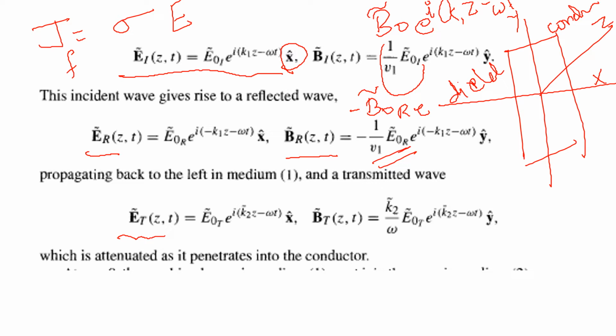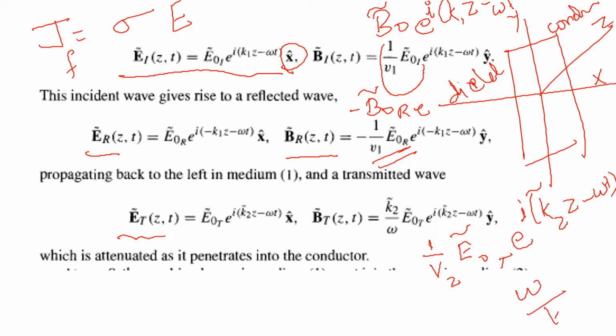The magnetic field component of the transmitted wave is given by Bt complex equal to 1 divided by V2 times E0T complex exponential i(K2 z minus omega t). Instead of 1 divided by V2, since V2 is omega by K2, here it is K2 divided by omega. So here we have the expressions for the incident wave, electric and magnetic field, the reflected wave, and the transmitted wave.